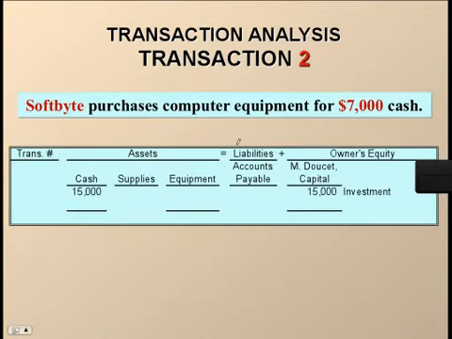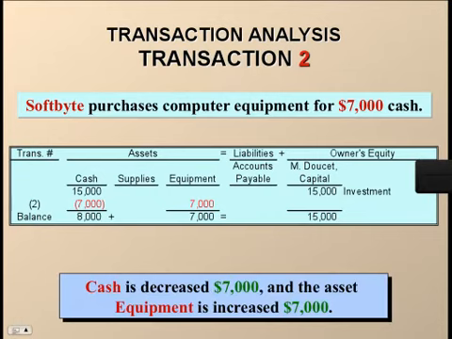Transaction number 2, SoftBite purchases computer equipment for $7,000. The first transaction is still here. Now we're on the second line, transaction 2. We purchased equipment for cash, so our cash went down $7,000, which is why we have the brackets around it.